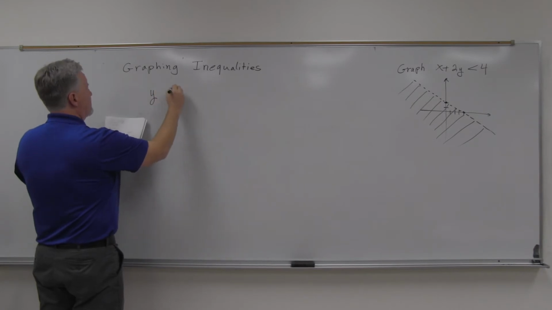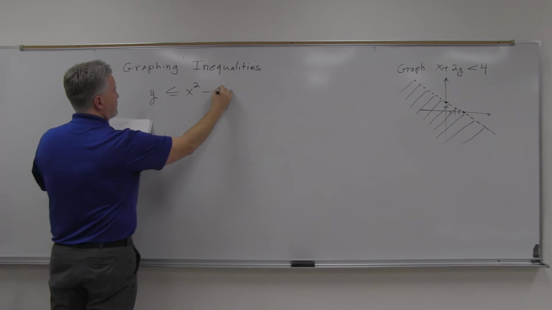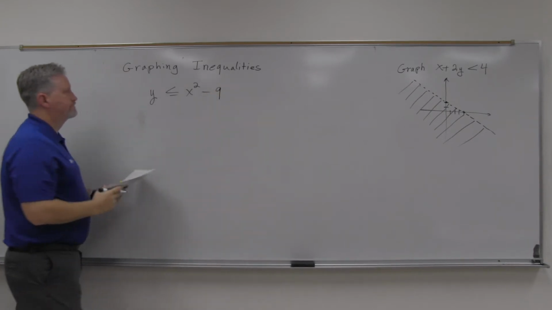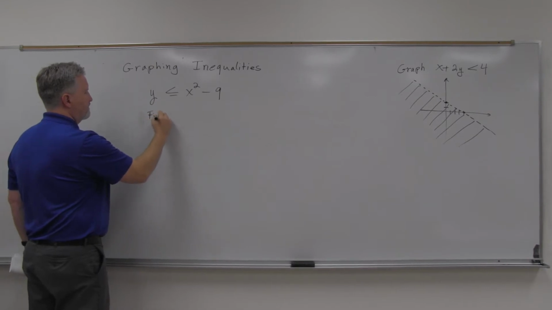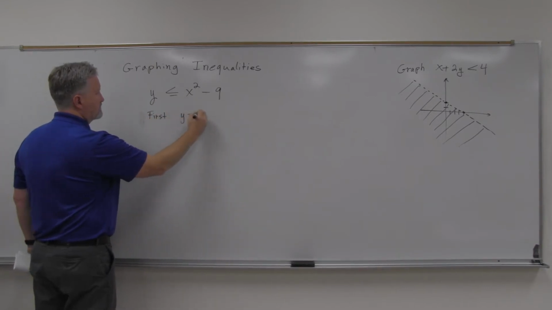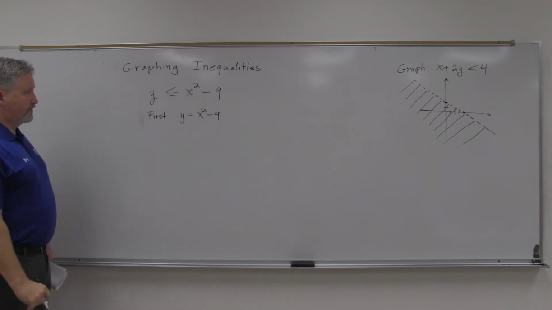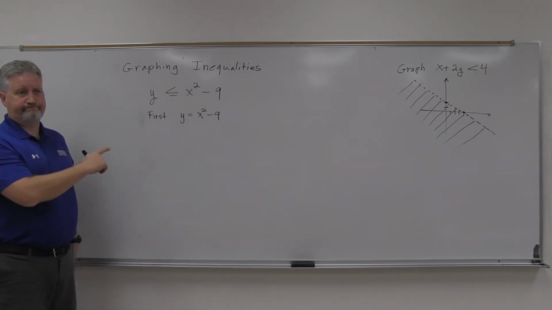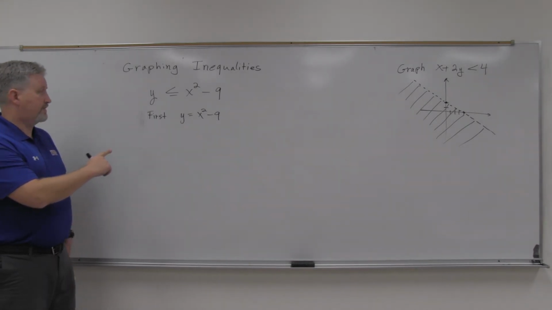If I have y is less than or equal to x squared minus 9. Well, you first of all just graph the y equals x squared minus 9 graph. What is that? What shape is that? Parabola. It's a parabola, yeah.